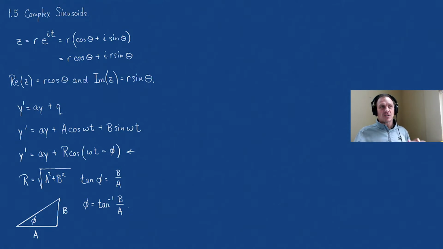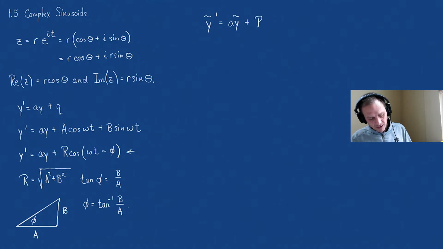And just so that we keep in mind that it's complex, I'm going to put a little tilde over all of my y's, because now we're going to look at the complex equation: y tilde prime equals a y tilde plus, we said now that we can rewrite this as r times e to the i omega t minus phi. That's what we just found out.